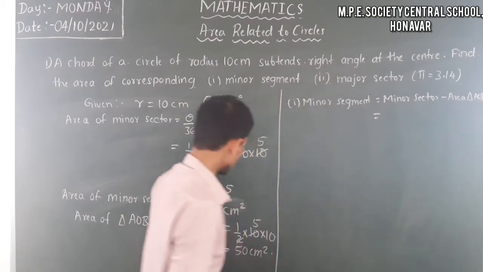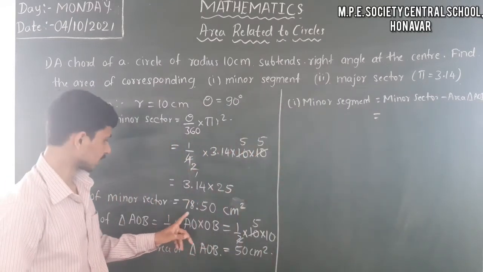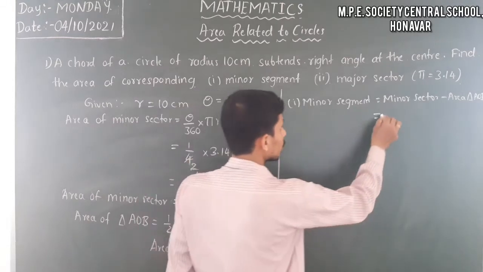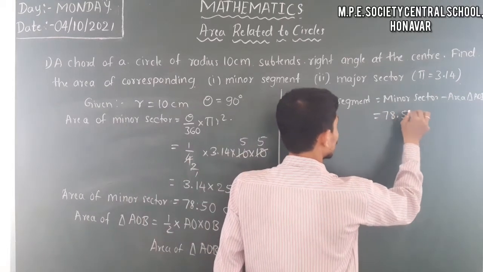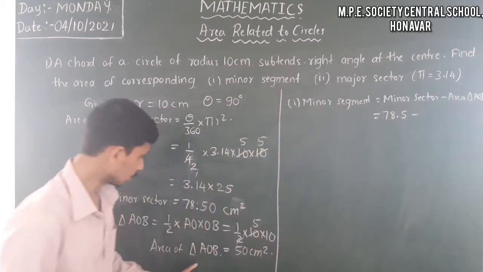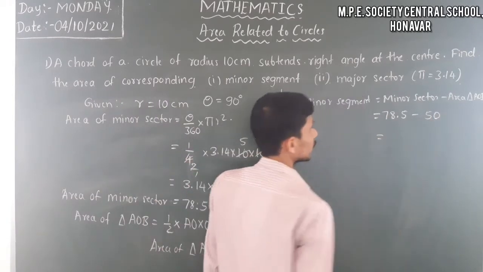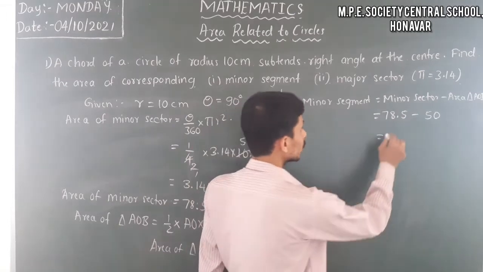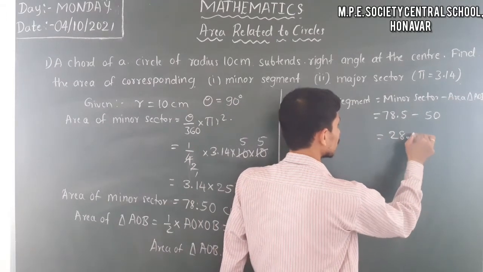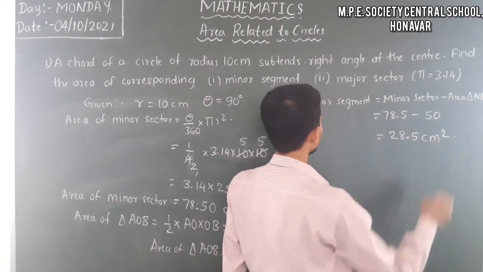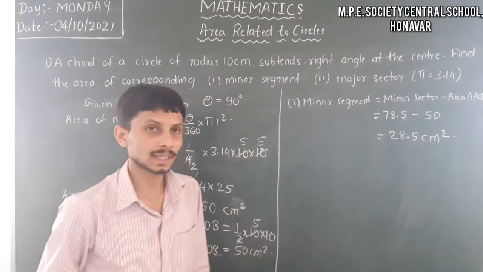What is the value of the area of minor sector? It is 78.5 minus the area of triangle AOB, which is 50. So by subtracting, we get 28.5 centimeter square as the minor segment.